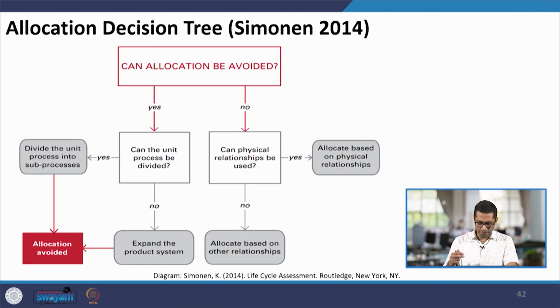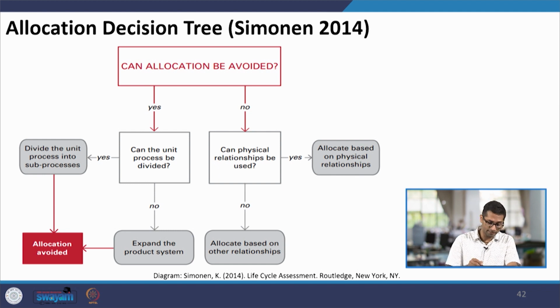One of the basic procedures in LCA states that we should try to avoid allocation altogether if that's possible. For this, let us follow a simple diagram which says we should first evaluate if the allocation could be avoided altogether.